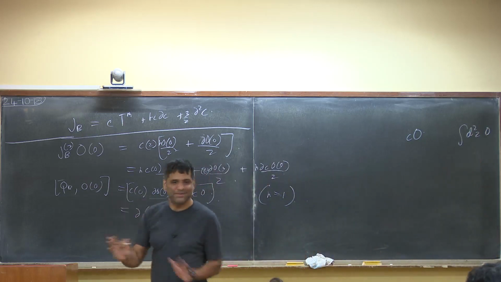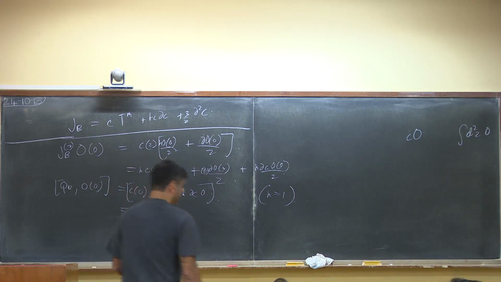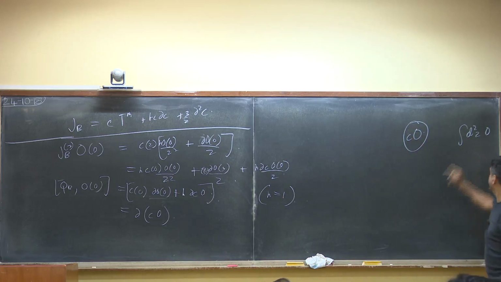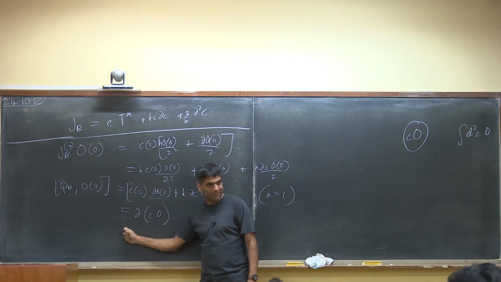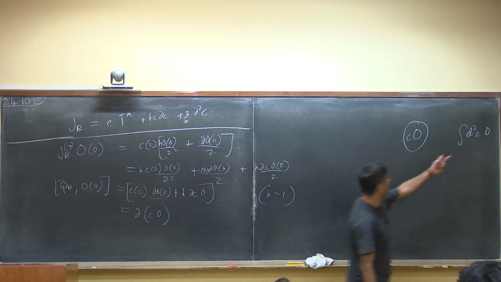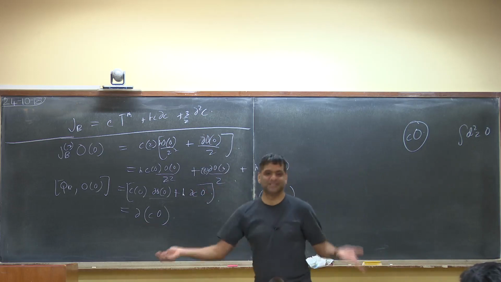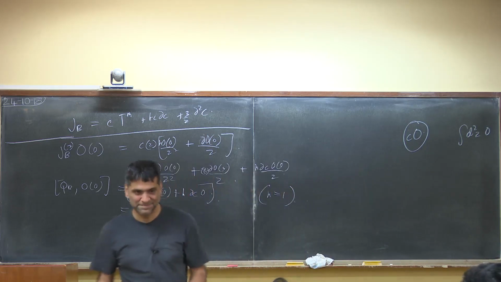We'd already argued intuitively that O had better be a (1,1) primary. Since h is 1, we'll come back to this in a moment. But since h is 1, look at this d²z. This thing is not BRST invariant, but its transformation under the BRST operator is a total derivative, and we have an integral. So provided the integration domain has no issues, this insertion by itself is BRST invariant.